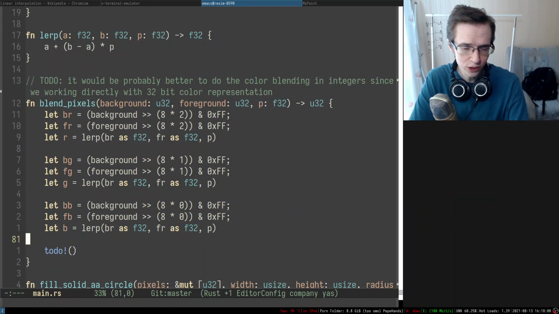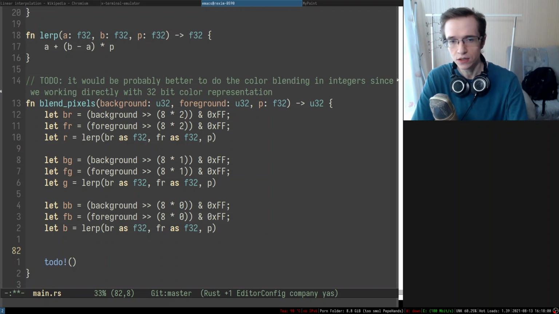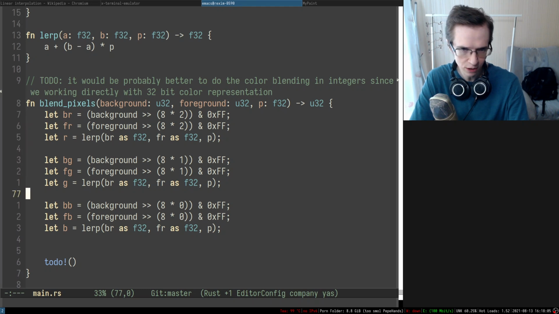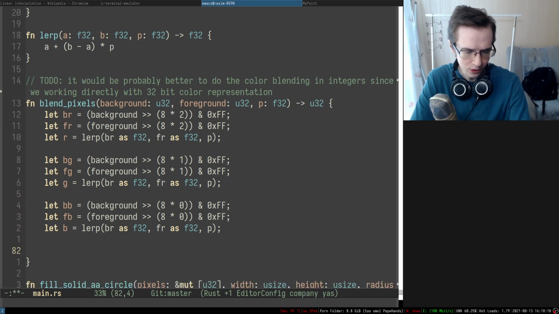Now we need to assemble the colors back. How are we going to do that? We're going to take the red color, shift it back to here, then OR, and we're going to take G1 OR B0.